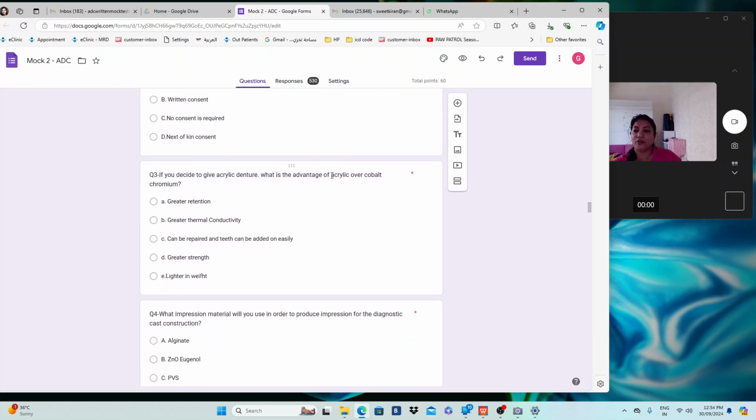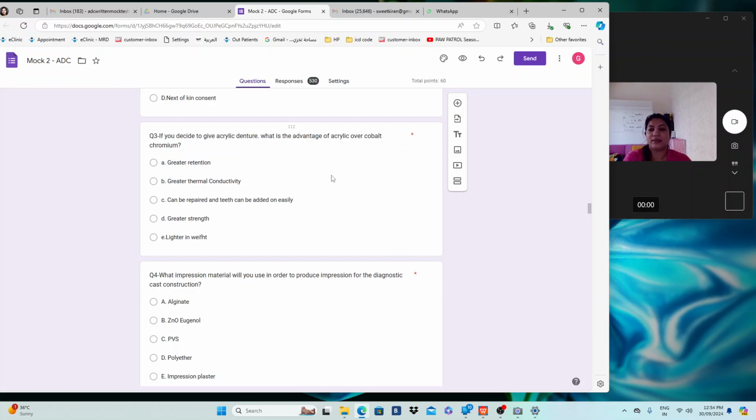So, if you decide to give an acrylic denture, what is the advantage of acrylic over cobalt chromium? The only one advantage that you have of acrylic over cobalt chromium denture is that you can add additional teeth onto it. Now, for example, in periodontally compromised patients, you gave a cobalt chromium denture and then one tooth fell off.